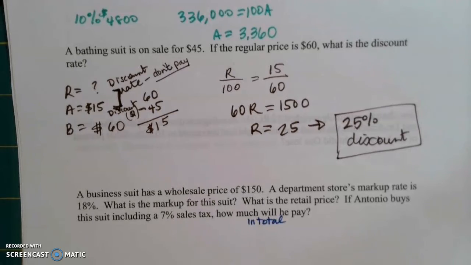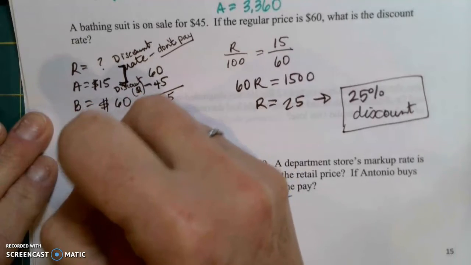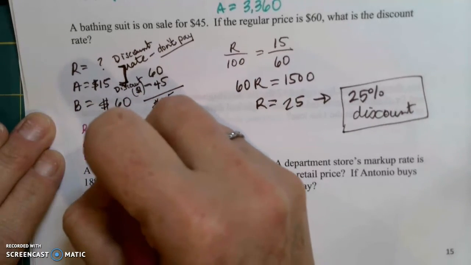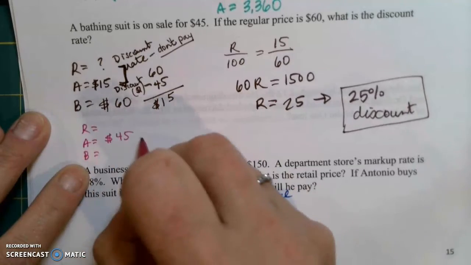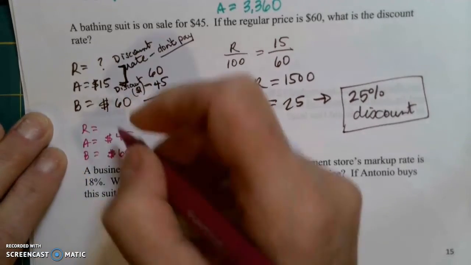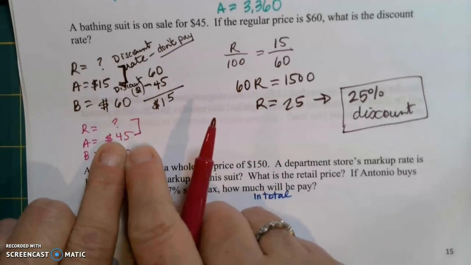Now, the other way that you can look at this problem is by saying, all right, well, I have $45 for what I do pay, and $60 was my original suit, so I can find the R that matches with what I do pay.